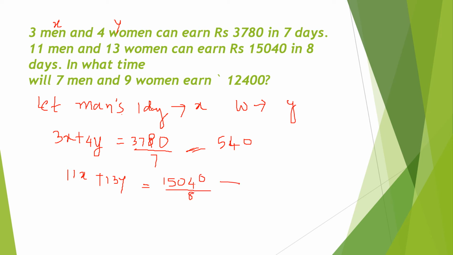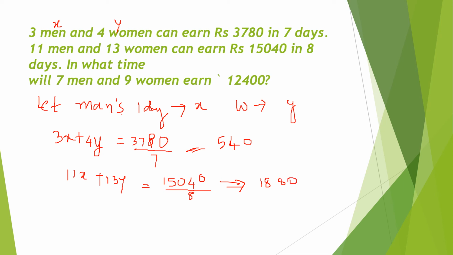Now, the same pattern as our previous question is being repeated. So what is the answer here? You get 15,040 by 8 as 1880.